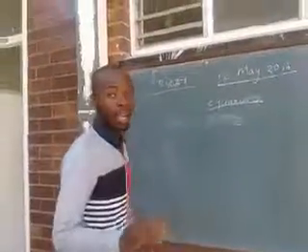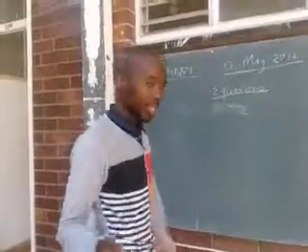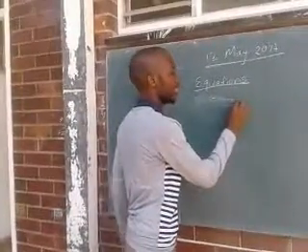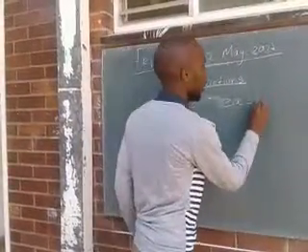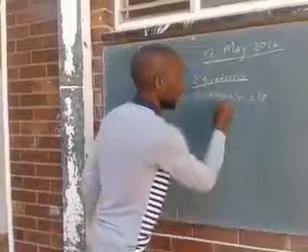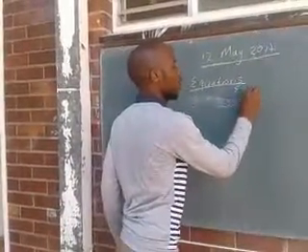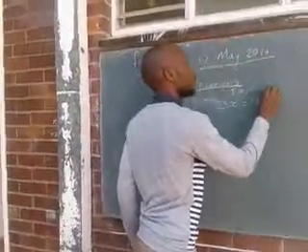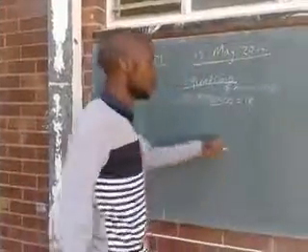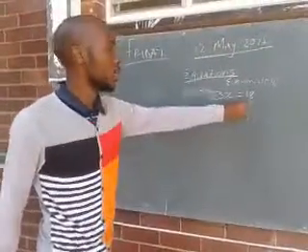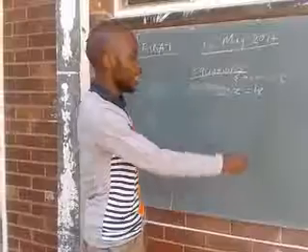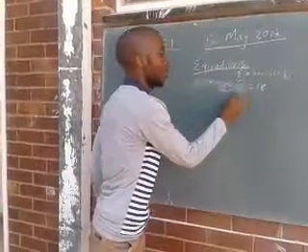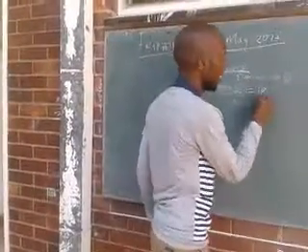Let's say I'm given an equation like this: 3x is equal to 18. This is our example 1. This means that there is a certain number multiplied by 3 that will give you 18.